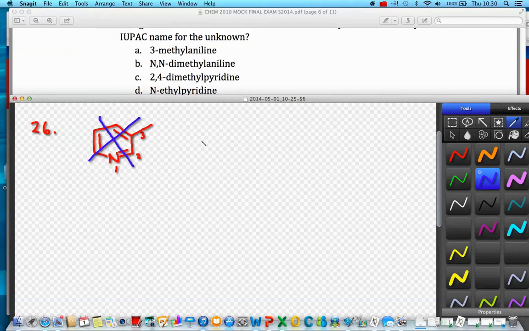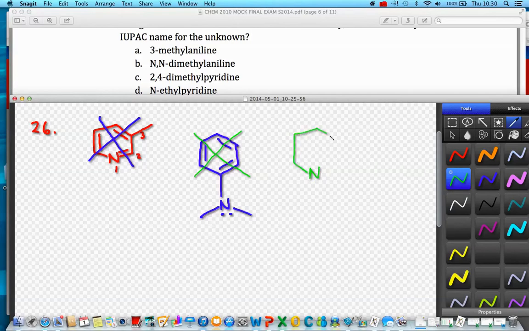N,N-dimethylaniline. Now, benzene is our parent. N,N-dimethyl means that we have methyl groups attached to the nitrogen. There's no NH stretch there either, so we can effectively eliminate B. Now we have 2,4-dimethylpyridine.